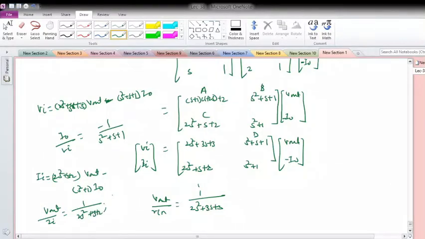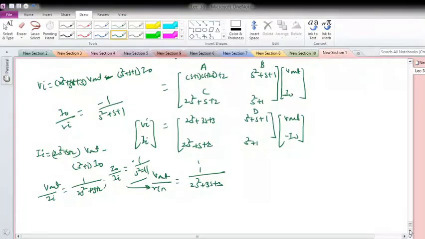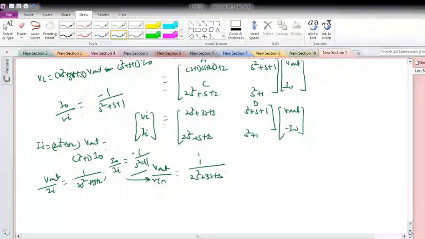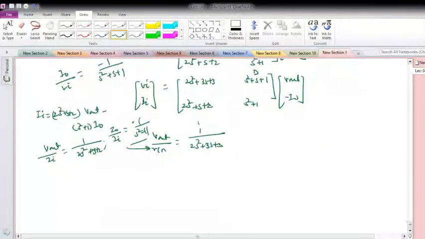Similarly, I out upon II at V out equal to 0 will be minus 1 over s square plus 1. In this way you can find the different parameters, and also the transfer function using ABCD parameters. Fine. Now next will be the inverse ABCD parameters.